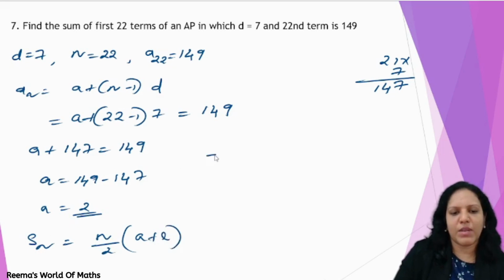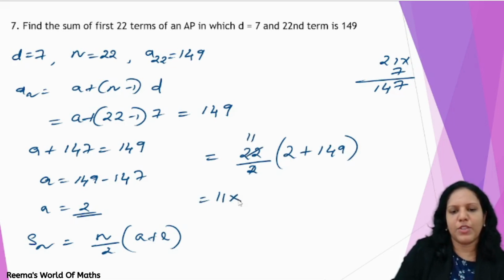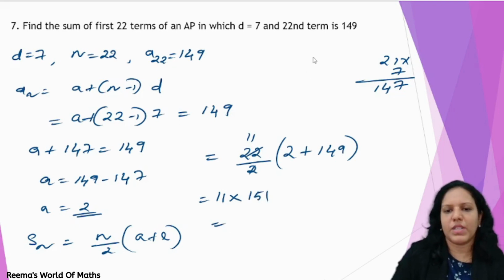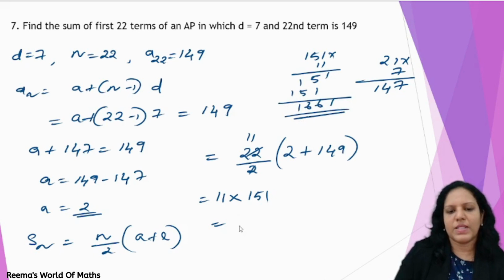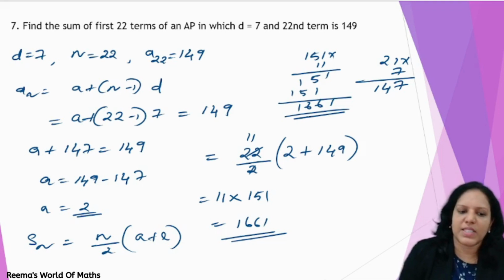So S_n equals 22 divided by 2 multiplied by (a equals 2, 2 plus the 22nd term 149), which is 11 multiplied by 151. 151 times 11 is 1661. The sum of the first 22 terms of this AP is 1661.